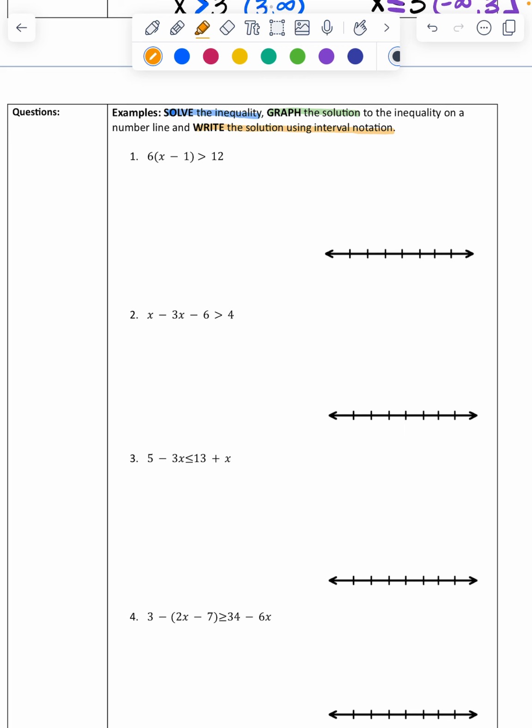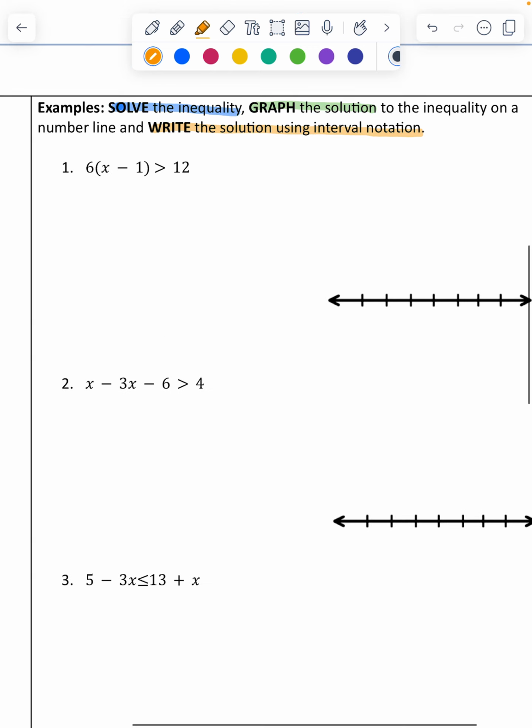So we have 6 times the difference of x and 1 is greater than 12. So I'm going to solve this the same way that I would solve if it had an equal sign. First thing I need to do is distribute. So multiply 6 times x and 6 times negative 1 is greater than 12.